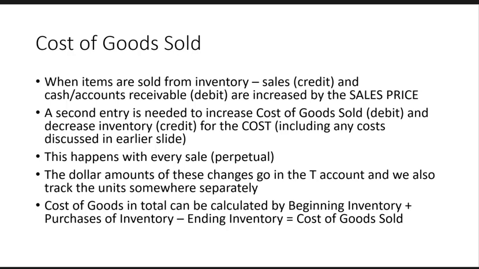It goes on the T accounts, and we track the inventory units separately. In a computerized environment, it can be done in the same system, but it's still in different columns. And an overall inventory formula says that we can always check ourselves: the beginning inventory plus what we bought minus what we have left over equals what we sold.